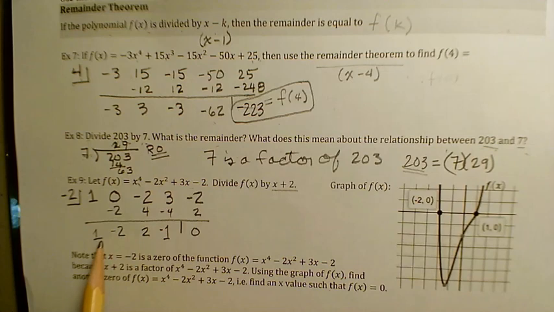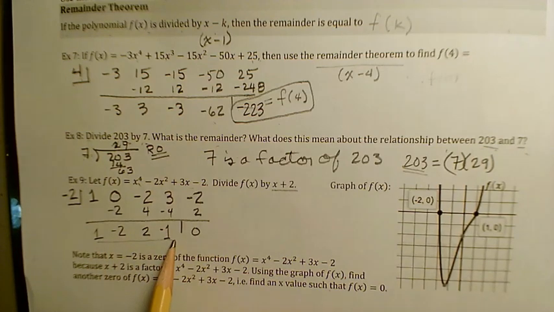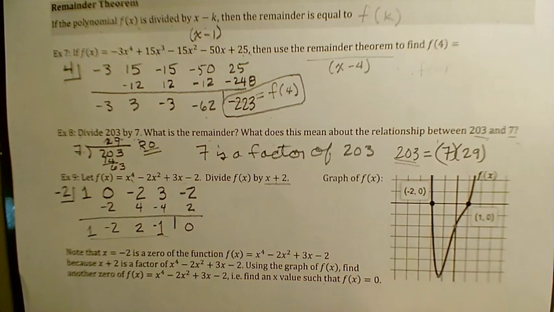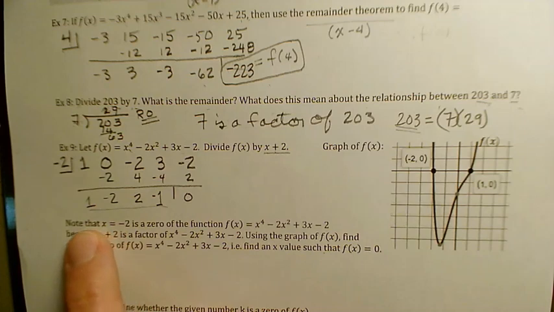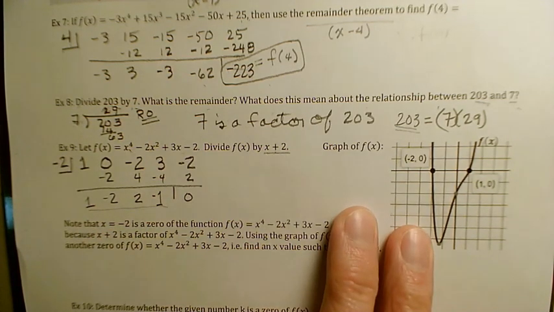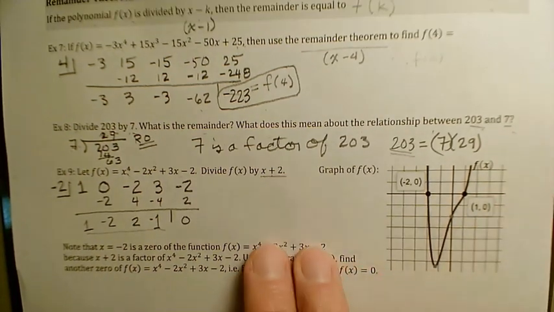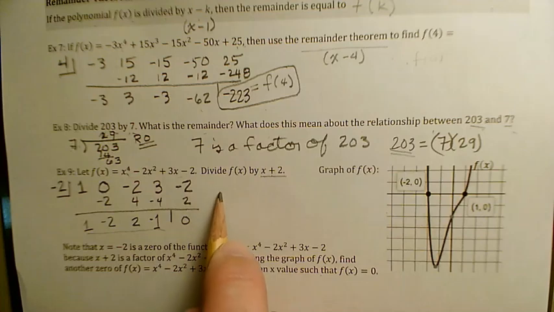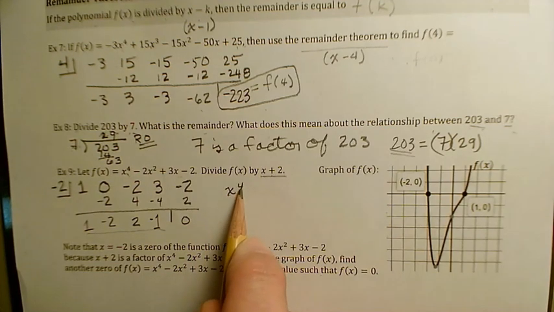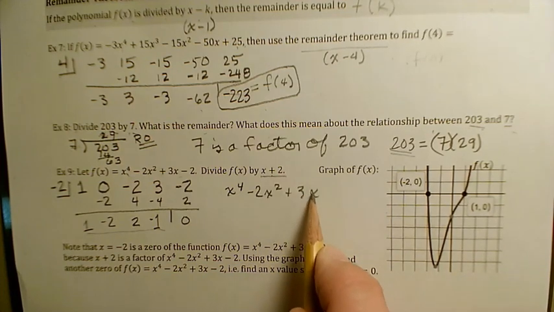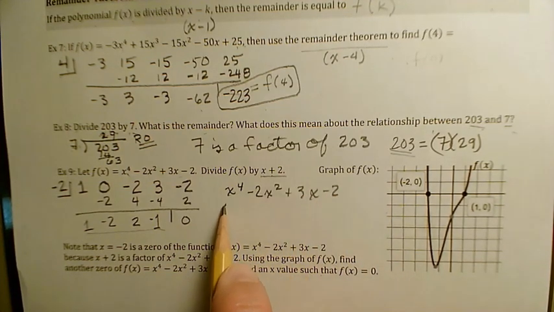So now the same kind of thing: the depressed polynomial, sort of the answer, and the original binomial are both factors. So that's kind of what this is saying here. Note that x equals -2. No, that's this example here for a sec. Just hang on for just a second. Let's finish this. So that means I could take the original polynomial, x to the fourth minus 2x squared plus 3x minus 2, and I could factor it.